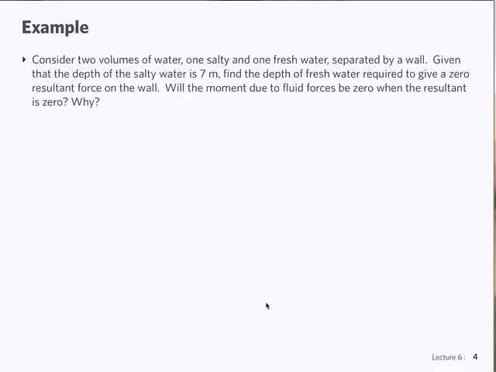Here's the example. So we consider two volumes of water. One is salt water and one is fresh water, and these are separated by a wall. So how does this look? Say we have a wall, perhaps a concrete wall. Let's imagine a concrete wall.